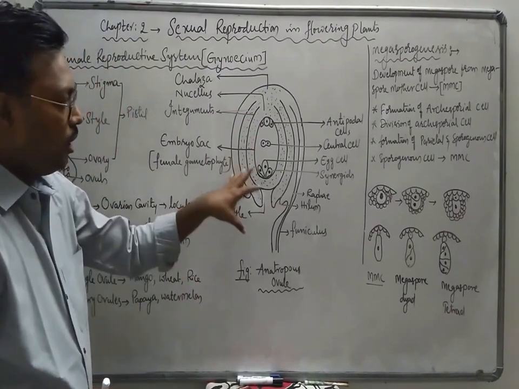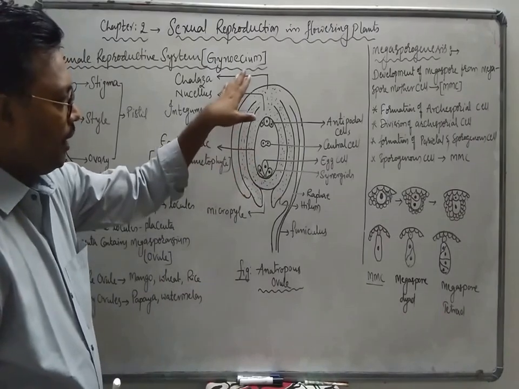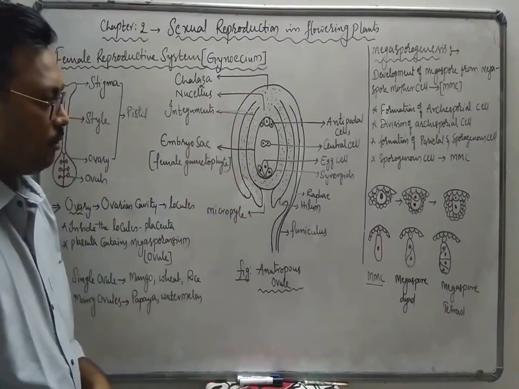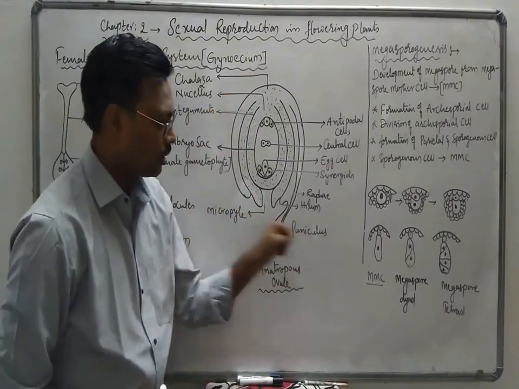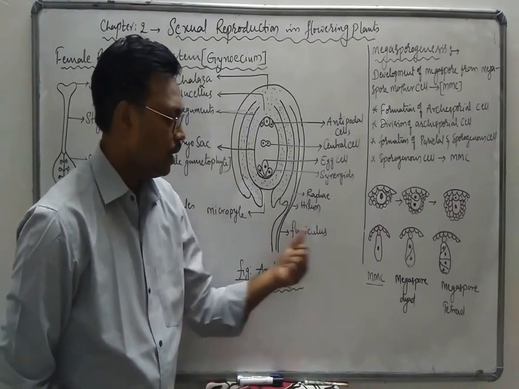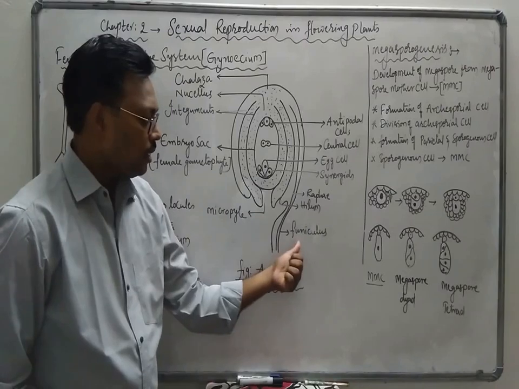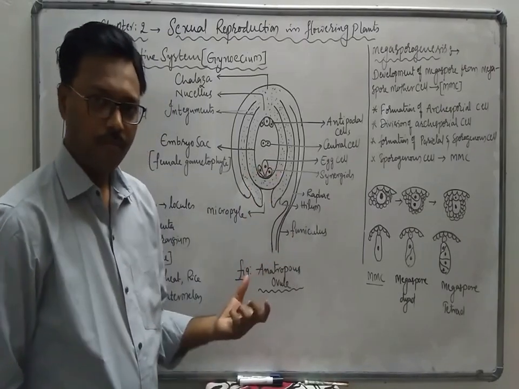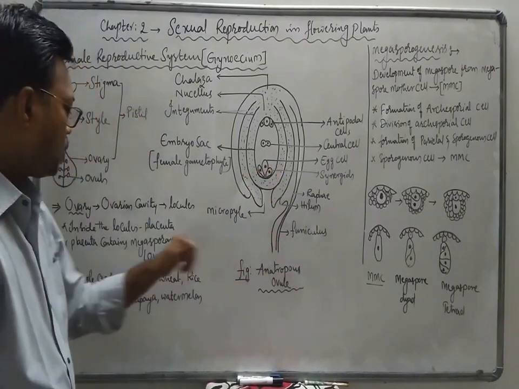In this ovule there are different parts labelled. First is the funiculus. What is the funiculus? The funiculus is the stalk of the ovule through which it is attached to the placenta.